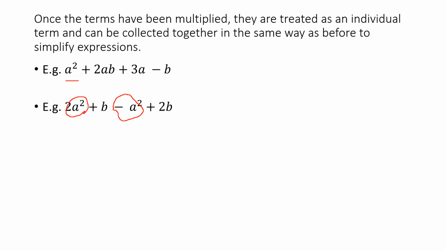Remembering we don't need to write that 1, we just write it as a squared. And then we have, using a different colour, a b, and there is also another b term here. We've got plus 2b here. So b plus 2b is equal to 3b.